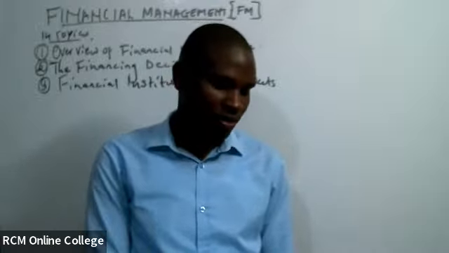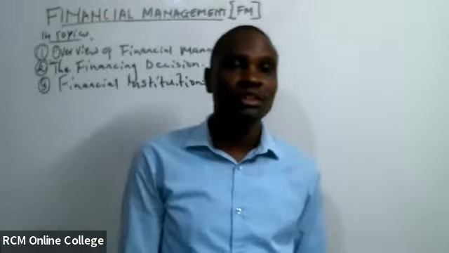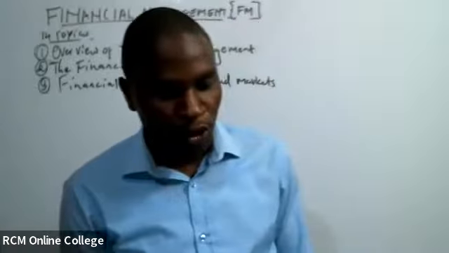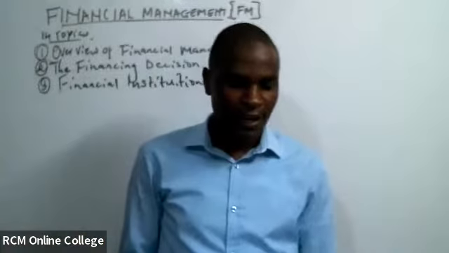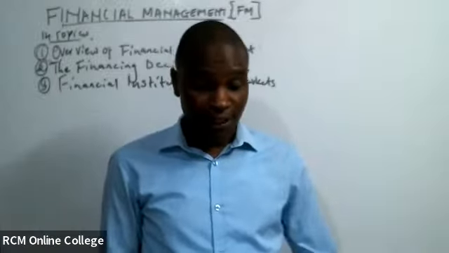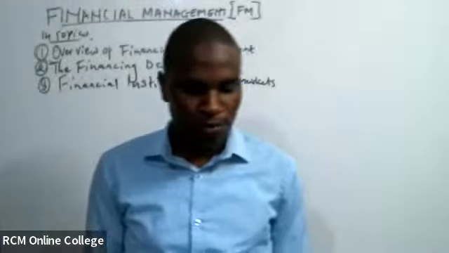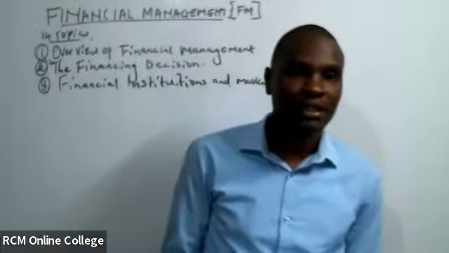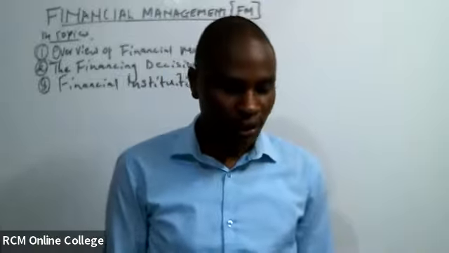We shall look at the overview of our financial system, the nature and role of financial markets, Nairobi Securities Exchange, that is NSE, and its function as well, stock market indices, central depository system, and automated trading system. We shall look at the functions as well.